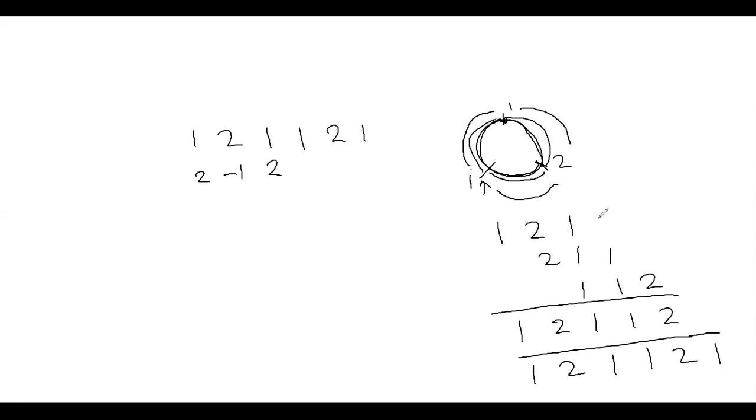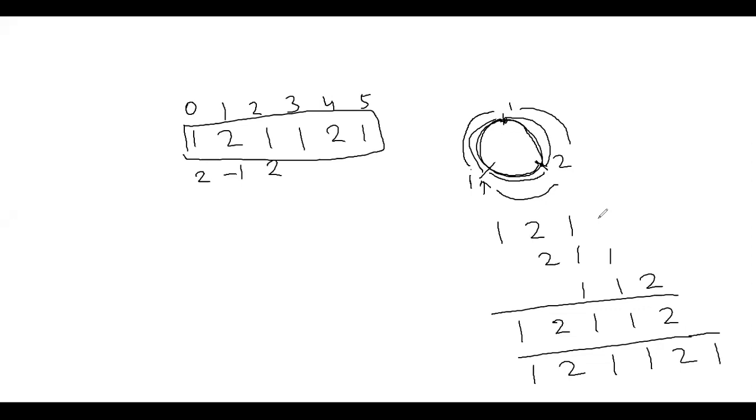We have already solved this problem: if you are given this array, you can calculate the answer for it. The only thing to consider is the indices: 0, 1, 2, 3, 4, 5.